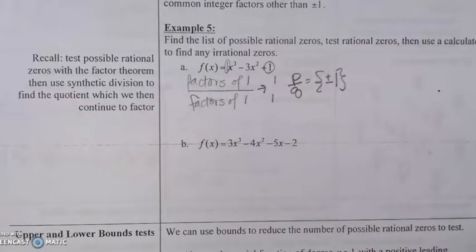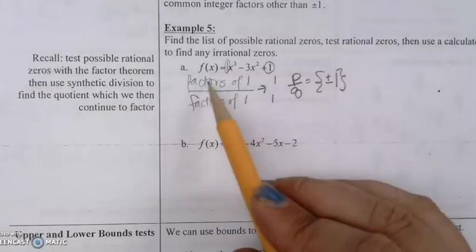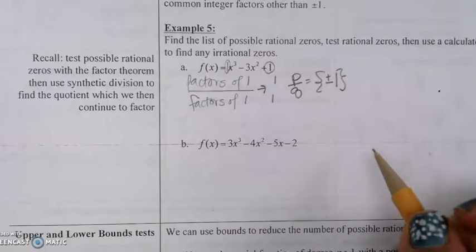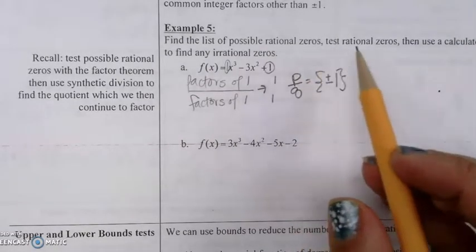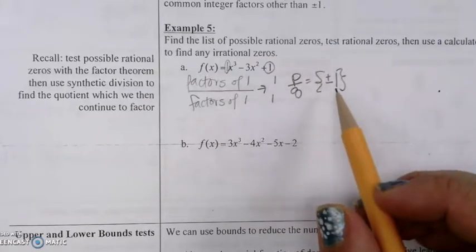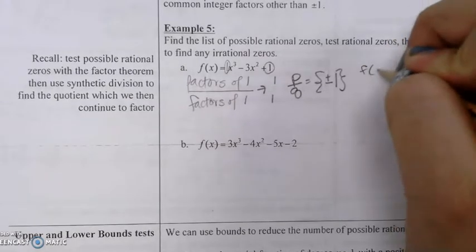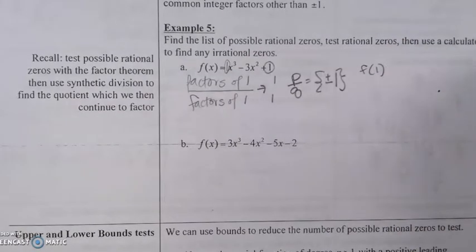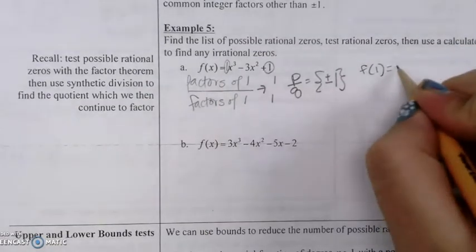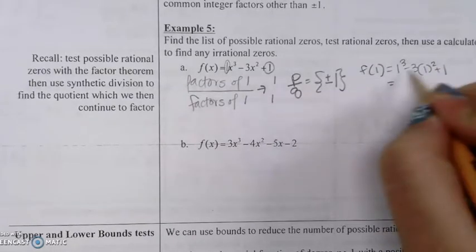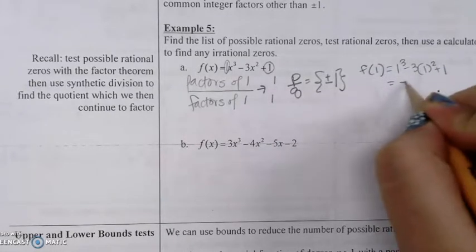And so my list of P over Q gives me the set of plus or minus 1. Okay, so what that tells me is if there is a rational 0 of f of x, it has to be either 1 or negative 1. But in order to tell if one of those is a rational 0, I can use the remainder and factor theorems. So I could say f of 1 should be 0 if x minus 1 is a factor. So to find f of 1, I say 1 cubed minus 3 times 1 squared plus 1. 1 minus 3 plus 1 is negative 1, not 0.